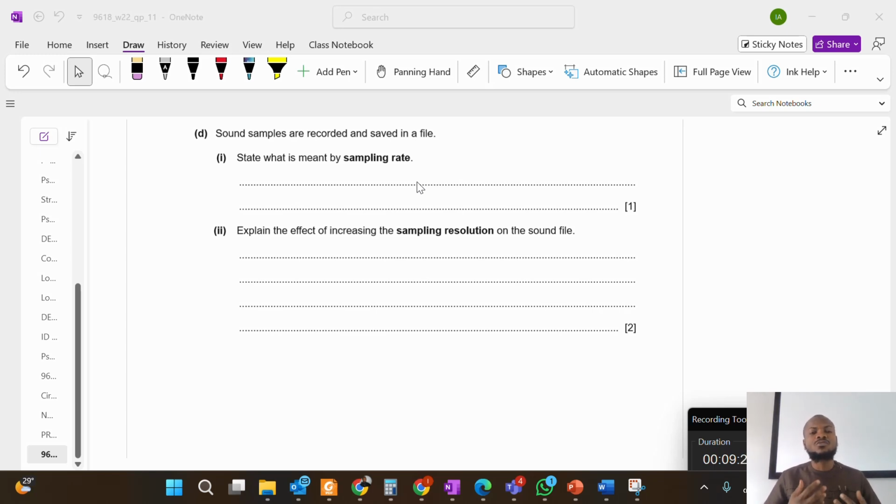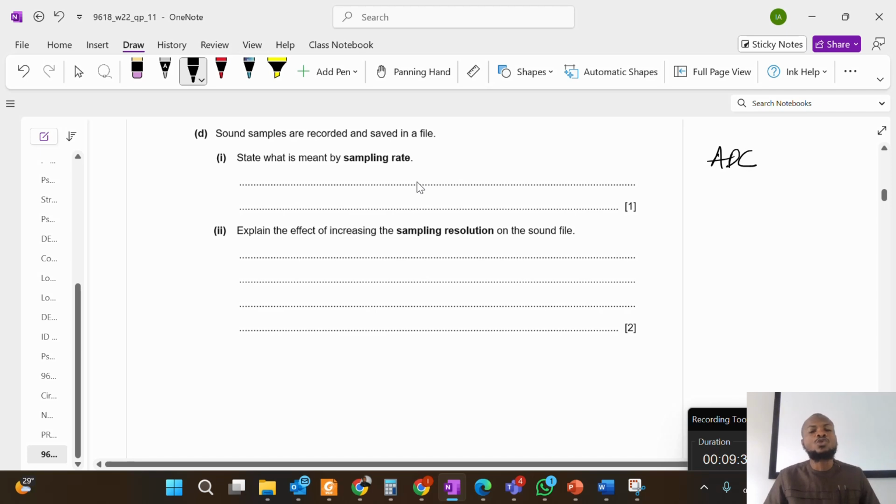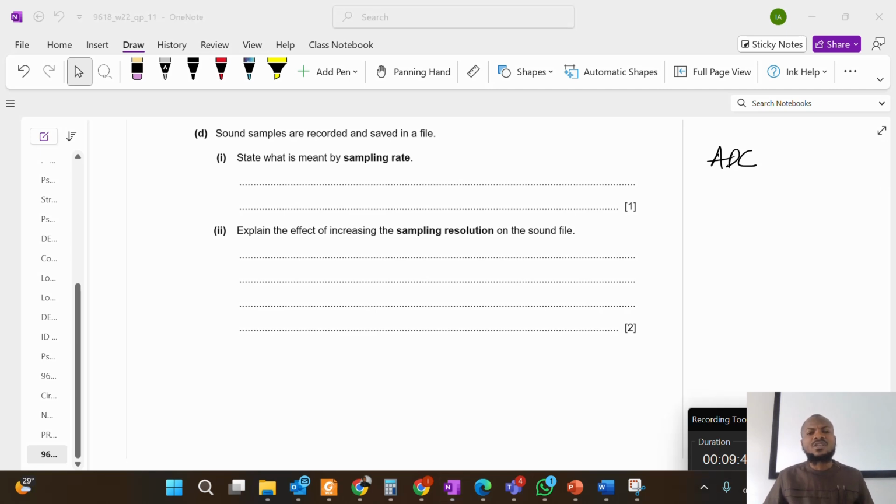So the sound we say, or what I'm saying presently, is an analog signal. For you to save it into a computer system, you need an analog to digital converter, which is ADC, to save this sample. Do you understand? So in saving this sample, the number of samples you take per unit time is what is called sampling rate.